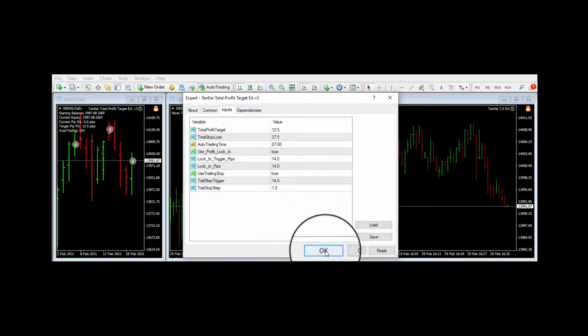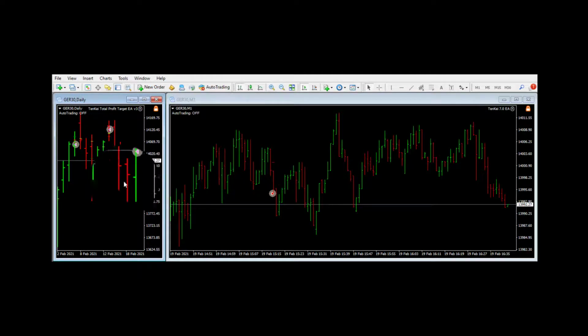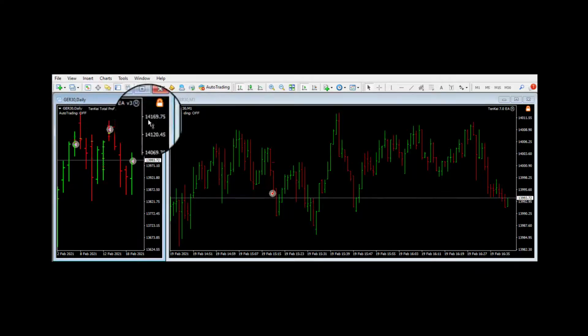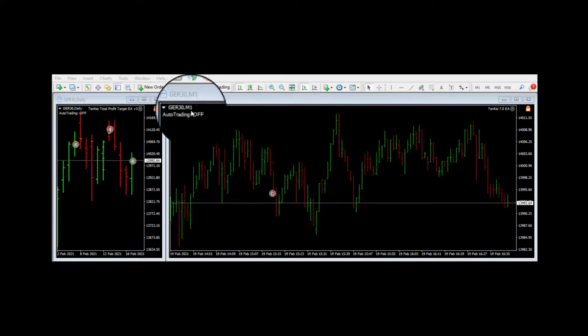Okay, so when we switch auto trading off here, that shows it's off. Since auto trading is off, this EA here also shows it's off.